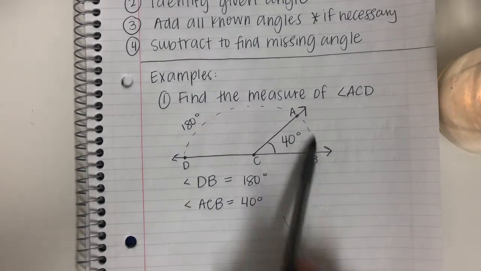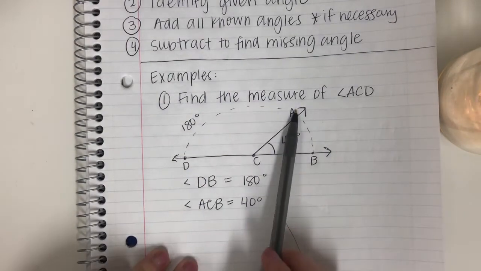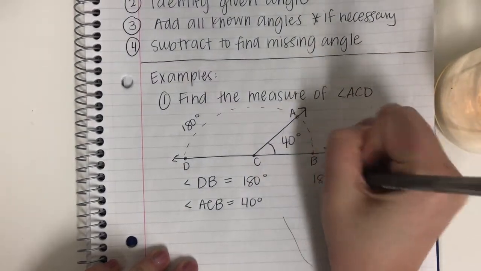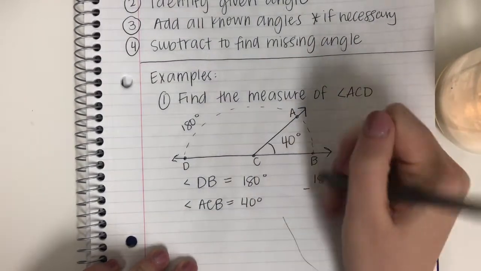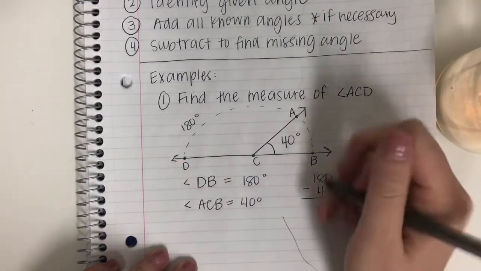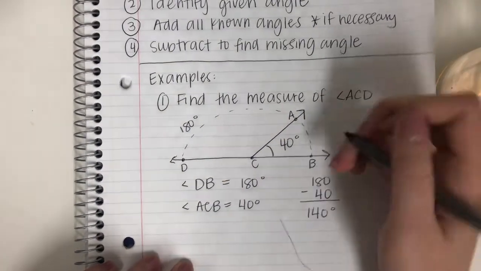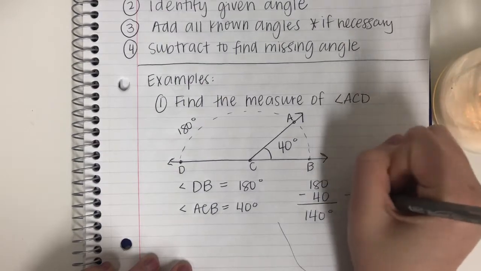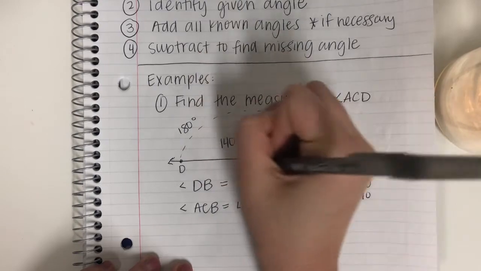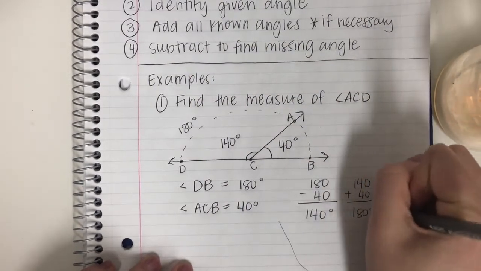So this entire thing is 180. They give us 40. So what is ACD going to be? I can take 180, subtract the 40 that I know, and now I know that ACD is 140 degrees, because 140 plus 40 is 180, which gives me that straight line.